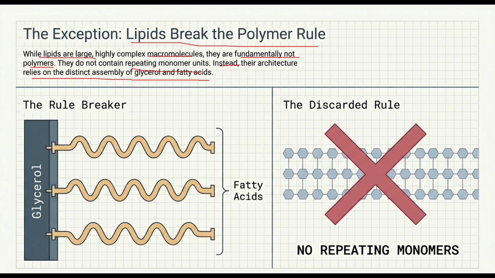So lipids are different from carbohydrates because they are not true polymers. Although lipids are large macromolecules, they are not made from repeating monomer units. Instead, lipids are formed from glycerol and fatty acids. This makes them unique compared to carbohydrates and proteins, which rely on repeating structures.